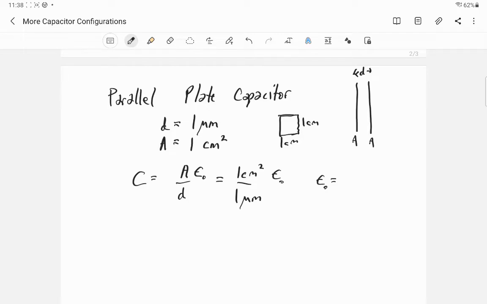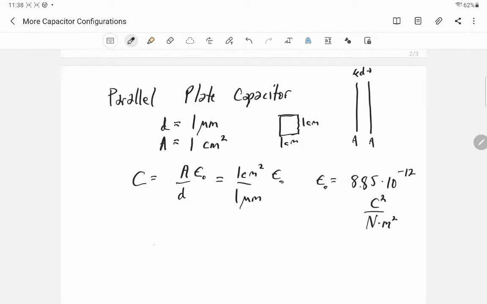Oh, here it is. Okay, 8.85 times 10 to the negative 12, and the units are coulombs squared per newtons times meters squared, right? So that's epsilon naught.